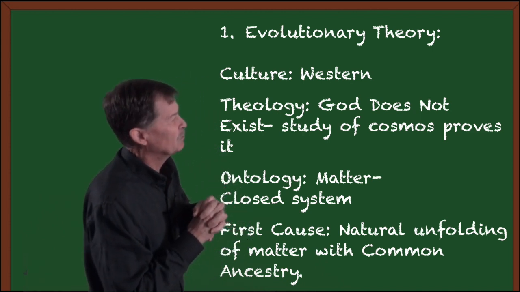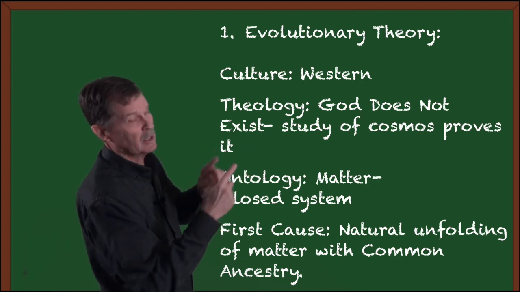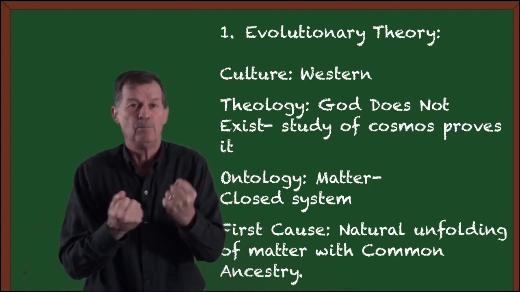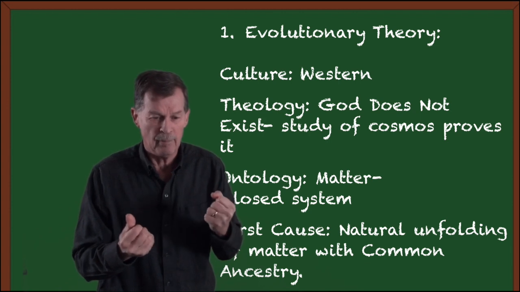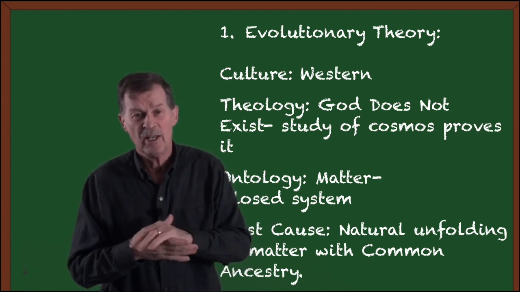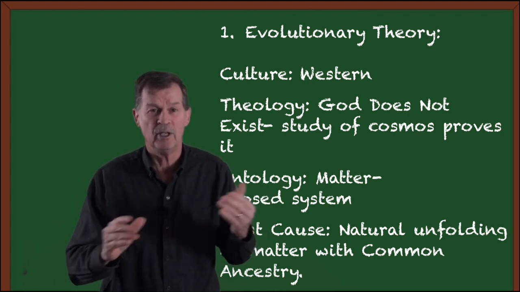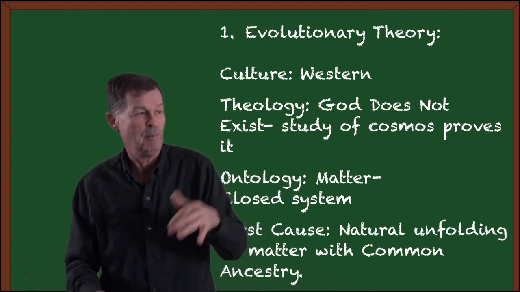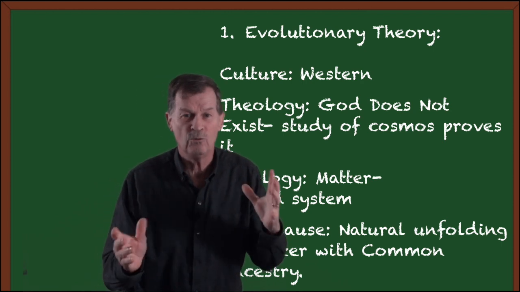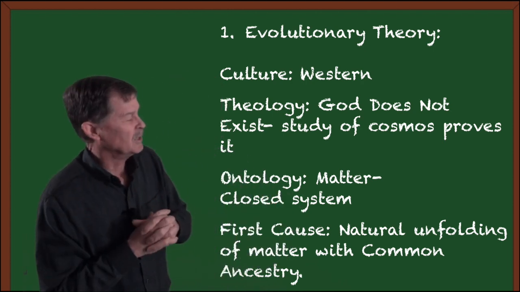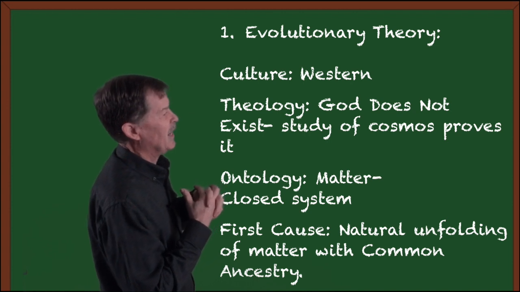That is the basis of reality, and it's within a closed system. It operates within the parameters of cause and effect, and those causes and effects are always natural and predictable. Therefore, you can extrapolate forward or backwards and know with certainty that this is the way it has happened.